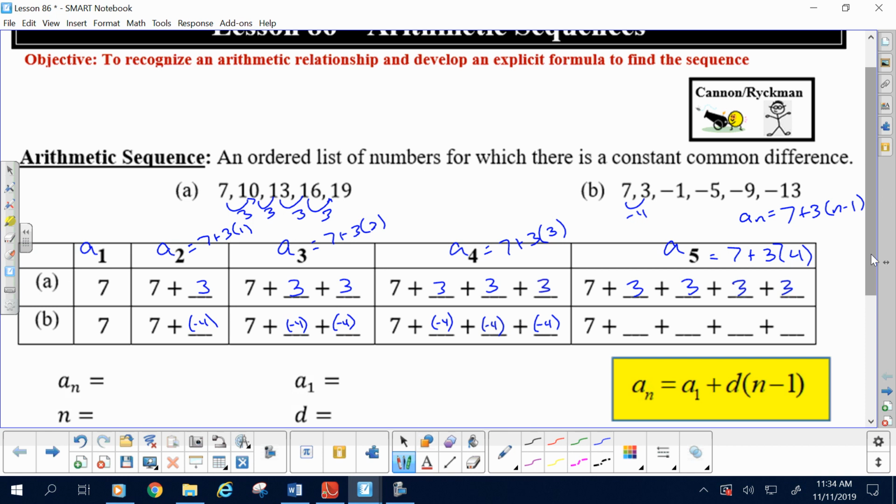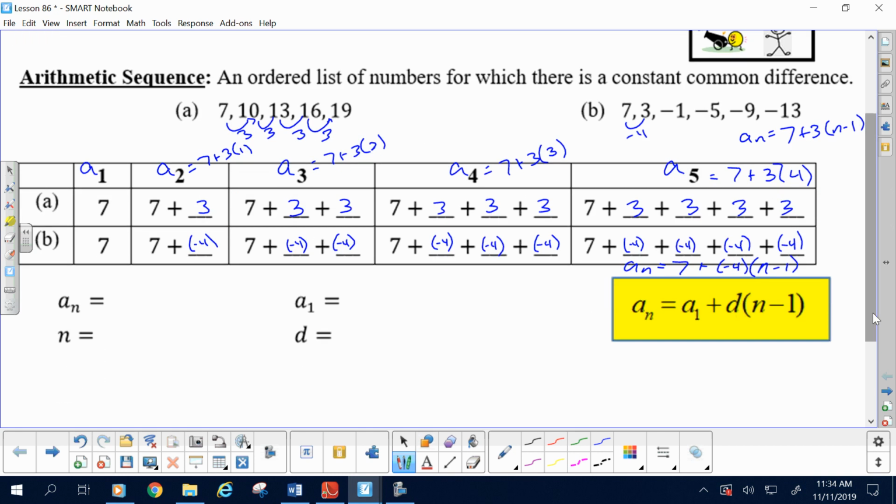And the fifth term is subtracting 4 four times, yeah? What about the nth term here? The nth term is starting at 7 and subtracting 4, or adding -4, how many times? The nth term is subtracting 4, n minus 1 times. You see where I'm coming from?